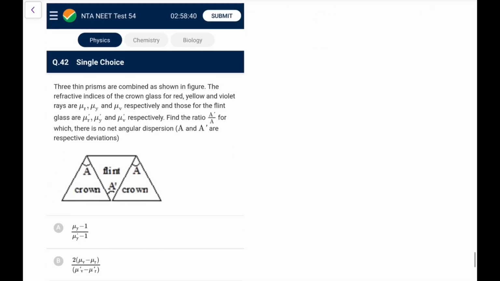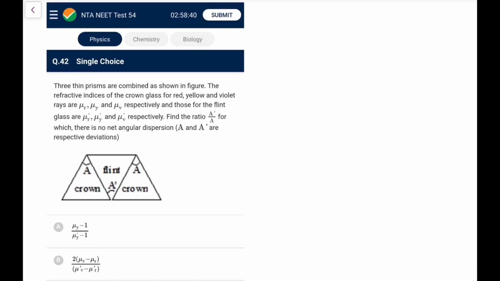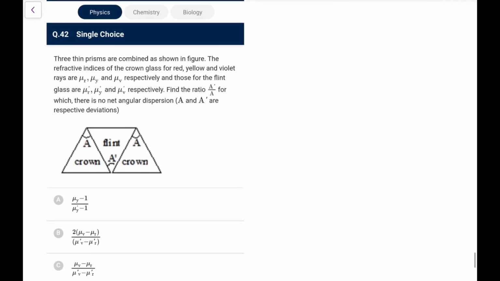Okay, next one. Three prisms are combined, with given refractive indices. Just remember this dispersion thing: crown glass for red, yellow, violet. No net angular dispersion means the net dispersion, first of all, we need to consider for the red and the violet. Yellow won't be required.